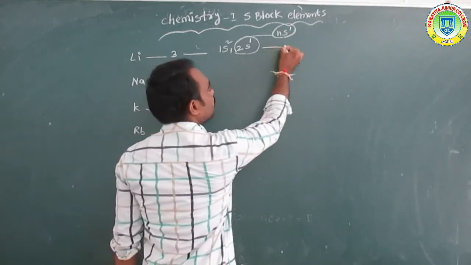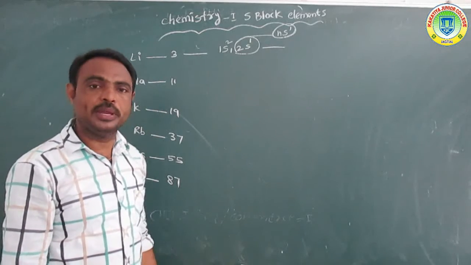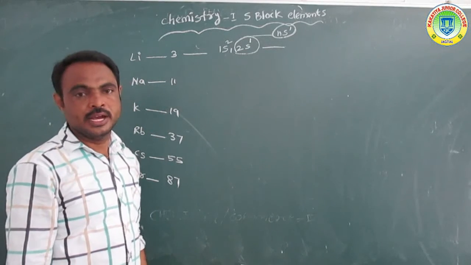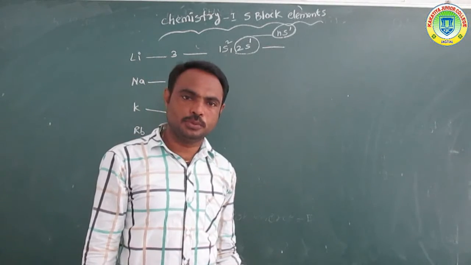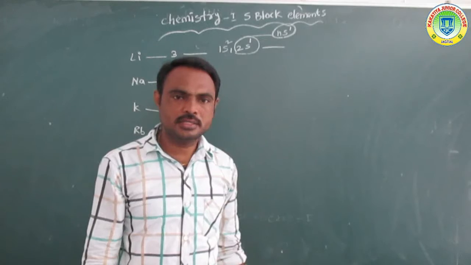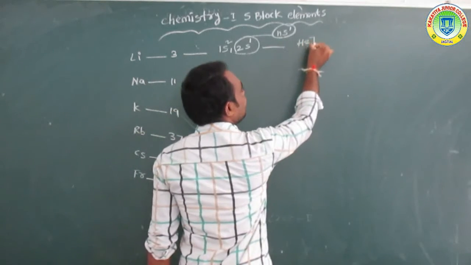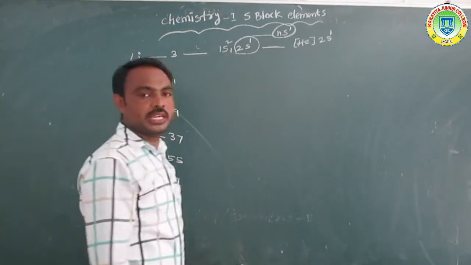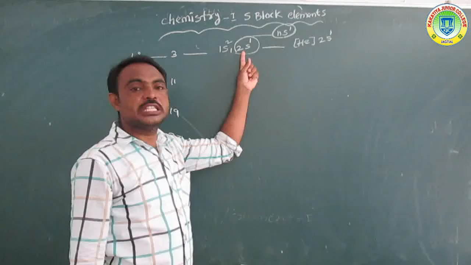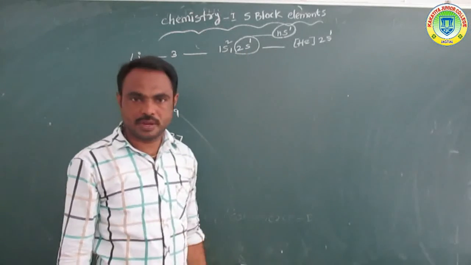We write a shortcut: 1s2 means how many electrons? 2 electrons, which is equal to helium. Helium has atomic number 2, so it contains 2 electrons. So we write [He] 2s1, with the outer shell 2s1.